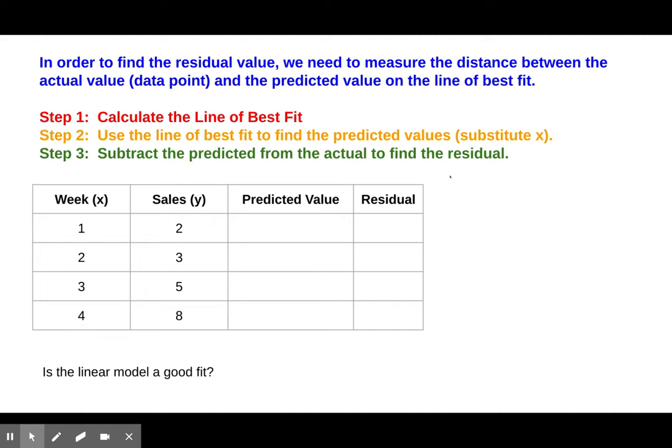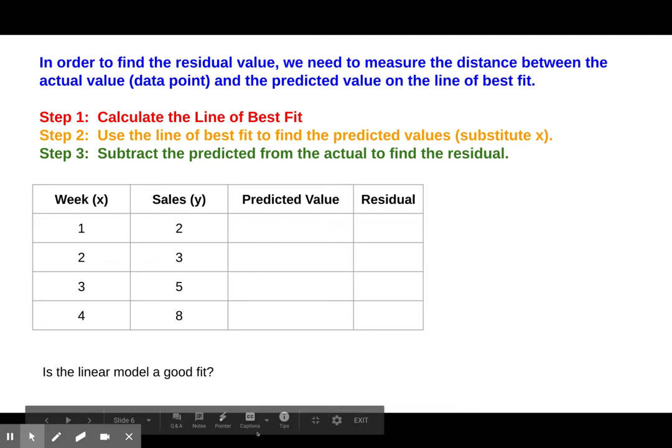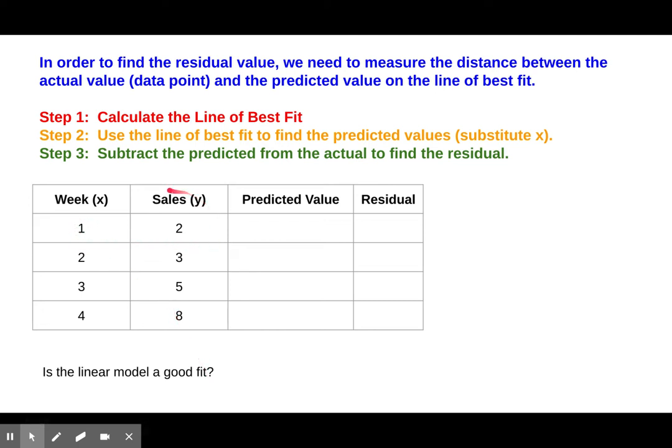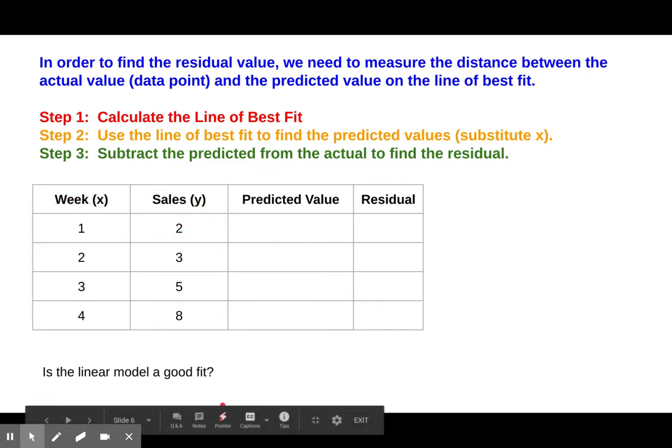And then we're going to subtract the predicted from the actual to find the residual. Okay, so my actual values, which are over here, my actual x and actual y values, these are the actual values that are on your graph, from the previous, or what would be something similar to the previous example.